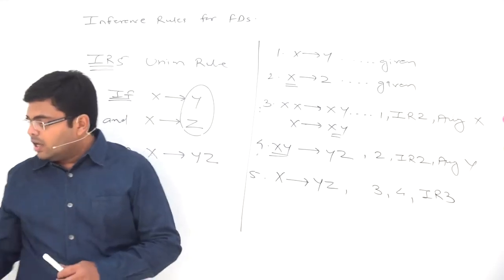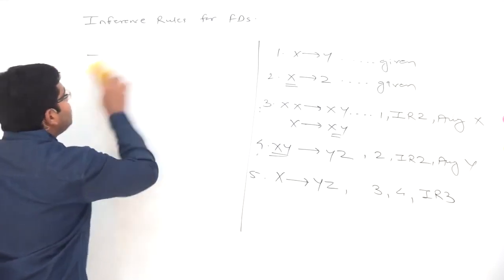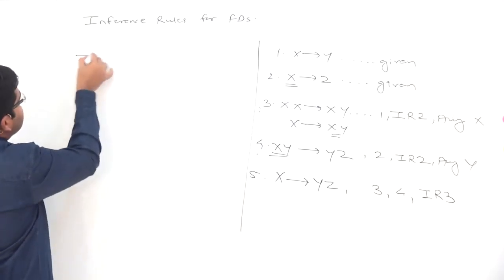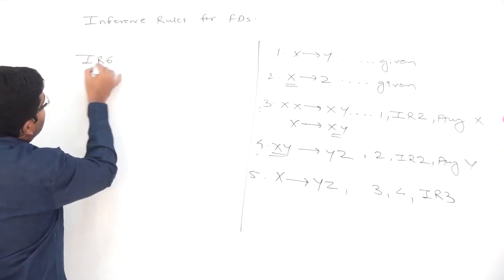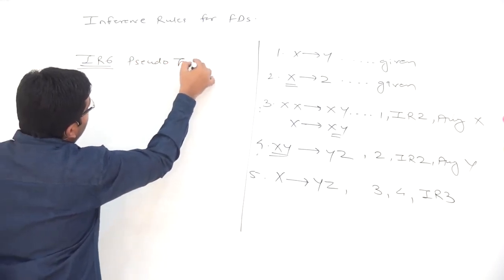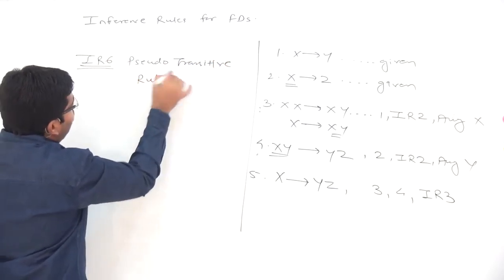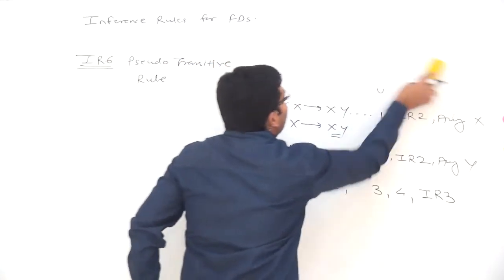And finally the last rule that we need to see is IR6, which is called the pseudo transitive rule. Okay, and let us see what this rule is.